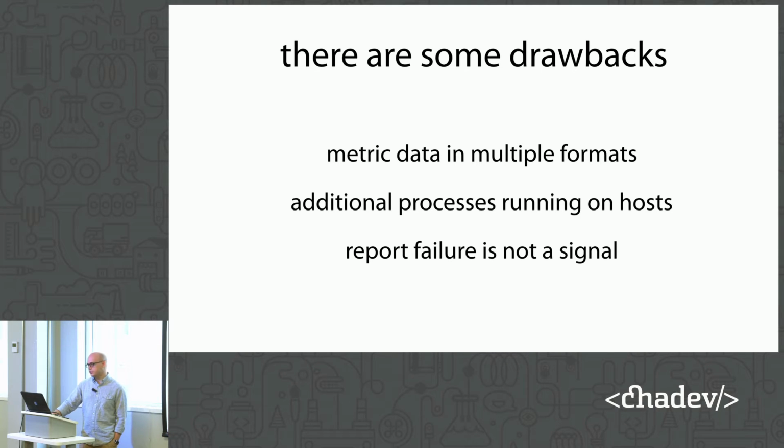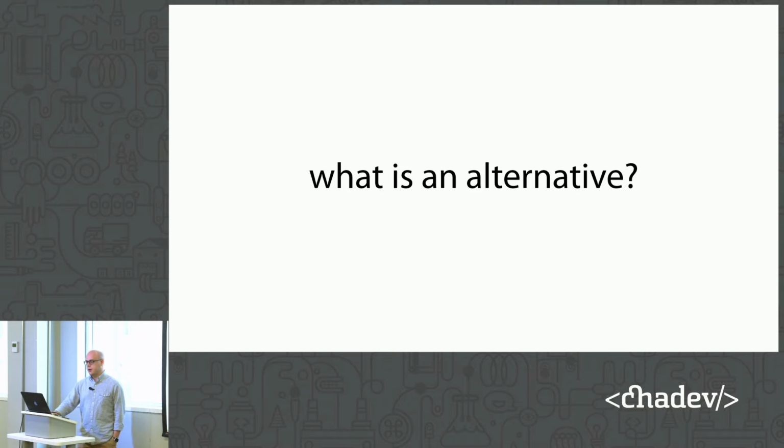So if your agent just stops working, that could be a bug in the agent. That could be a firewall rule that got changed. That could be all kinds of things. It could be that the system is overloaded and the killer killed it. You don't necessarily know. So that's one of the drawbacks to this. So let's talk about an alternative.